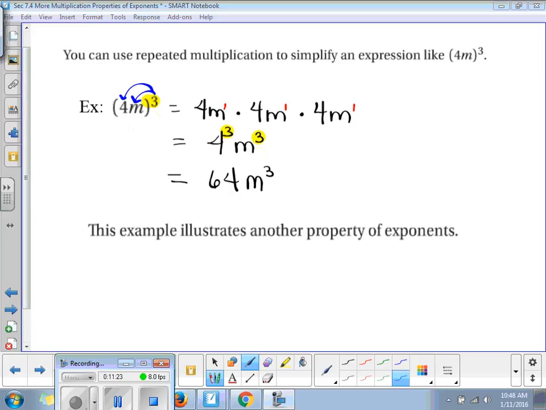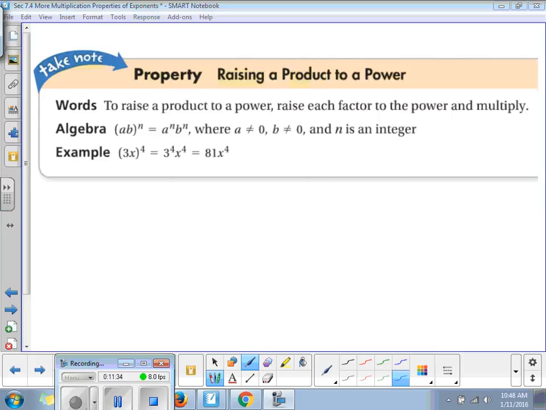All right, so this example illustrates another property of exponents, and that property is the product raised to a power. And here's the rule for a product raised to a power. To raise a product to a power, you raise each factor to the power, and you will multiply.